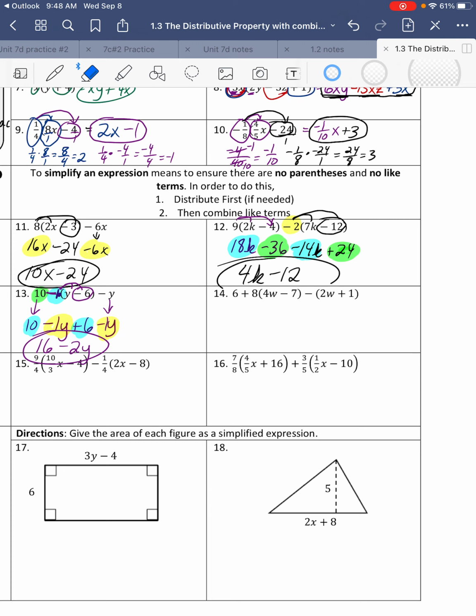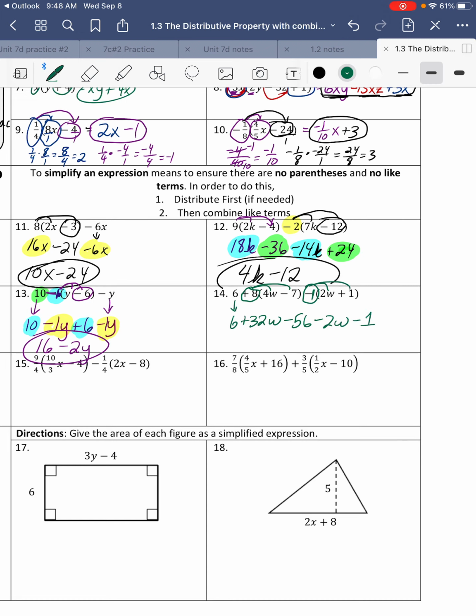Number 14, we have this 8 is going to be distributed, so 6 comes down. 8 times 4w is 32w. 8 times negative 7 is negative 56. This subtraction here, we're going to take that as a negative 1 times 2w, so negative 2w.